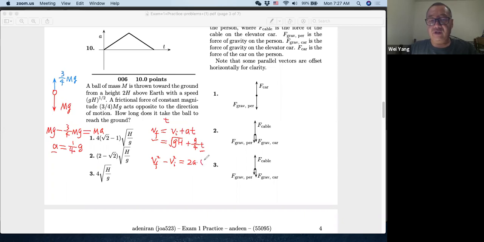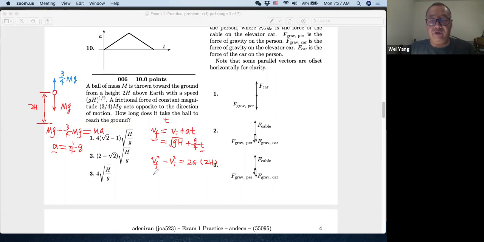Here that's 2 times h, because this ball goes from here to the ground, and this distance is 2h, okay? So then we can get this equation.